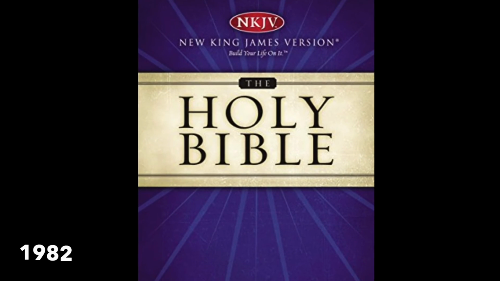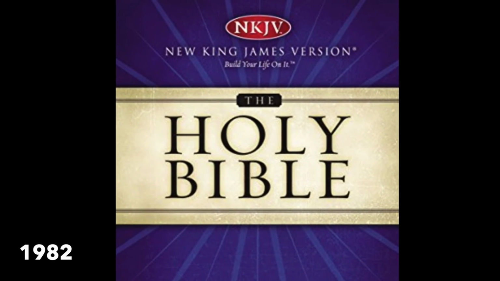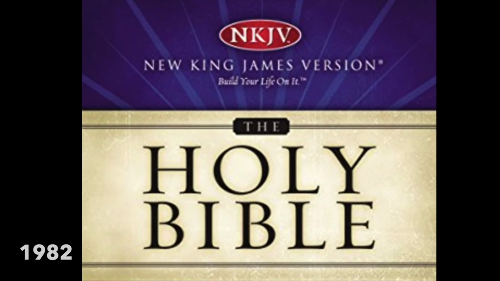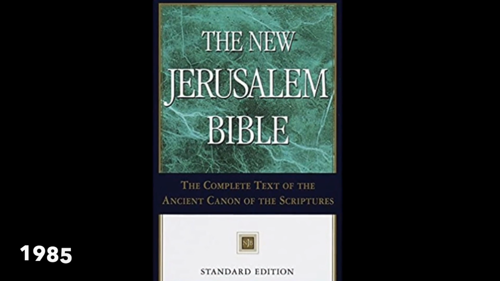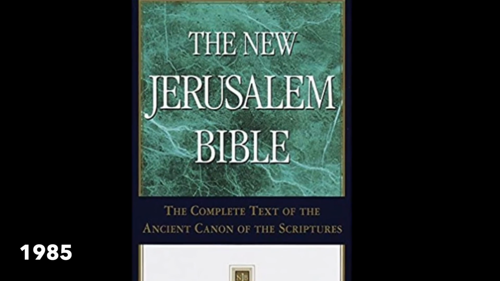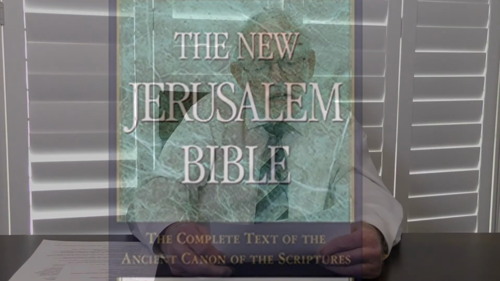The New King James Version was a revision of the King James Version, and that came out in 1982. The New Jerusalem Bible is again a Catholic version, done in French first of all, and it was published in 1985.